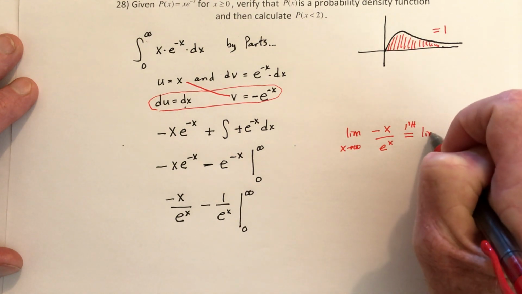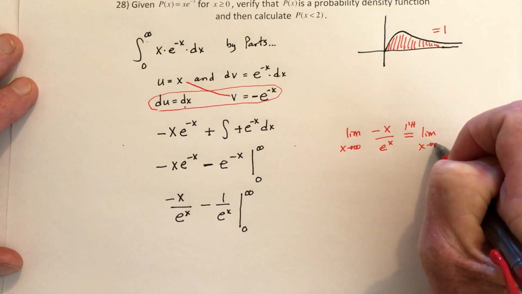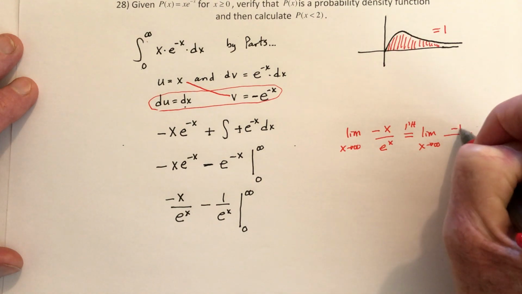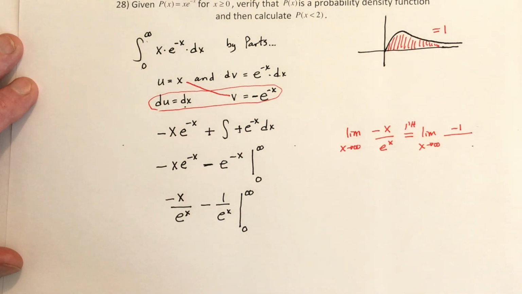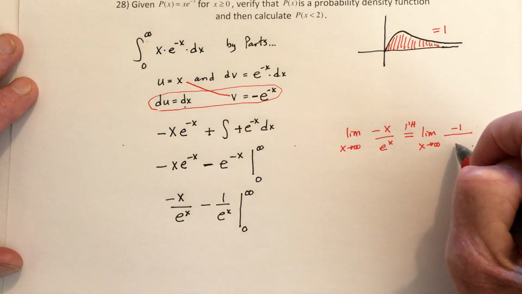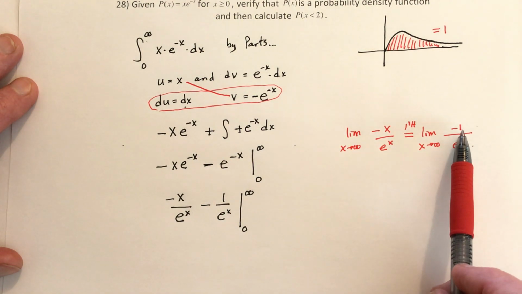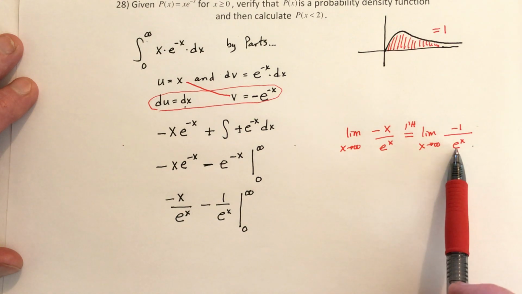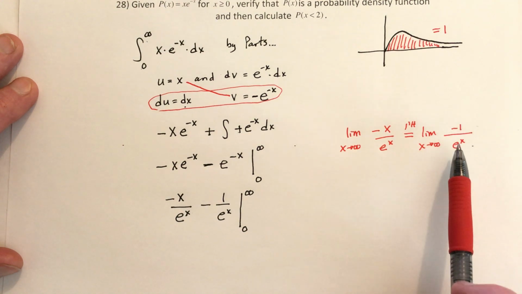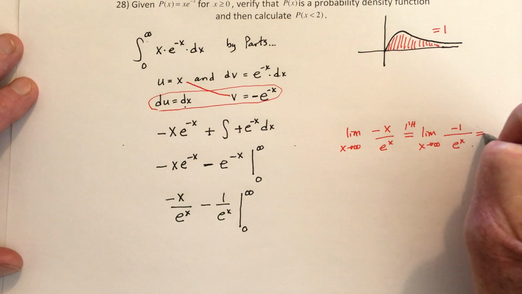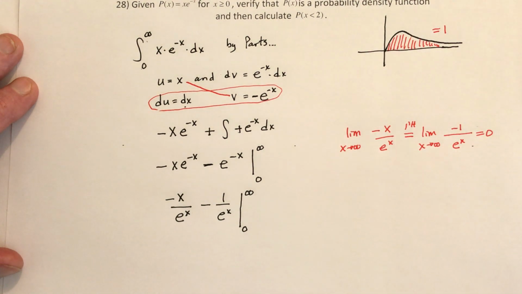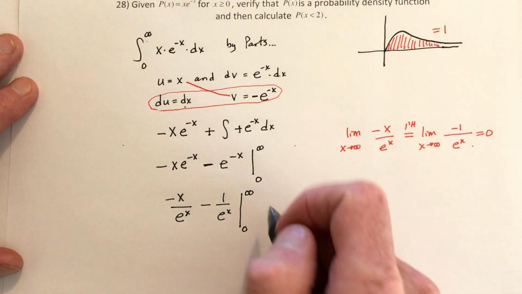So that will be the limit as x goes to infinity. Take the derivative on the top, which is just a -1. Take the derivative of e to the x, which is e to the x. And then we will have a -1 divided by, this is going to infinity. A -1 divided by infinity is 0. So the first thing that we would get is a 0.